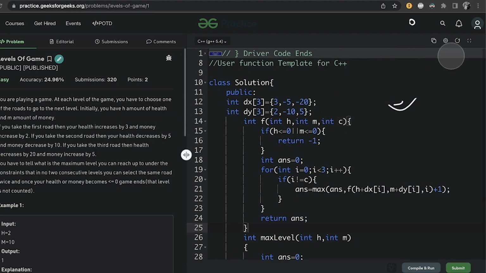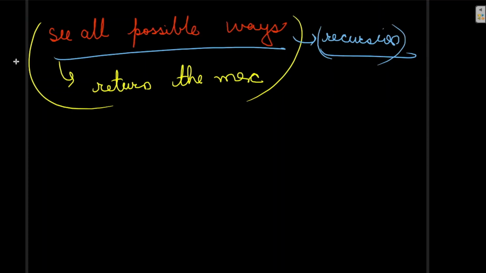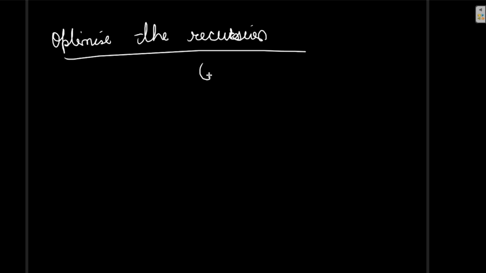So if we are told to optimize this recursive solution, then we need to optimize the recursion. If we want to optimize the recursion, then we need to use dynamic programming.